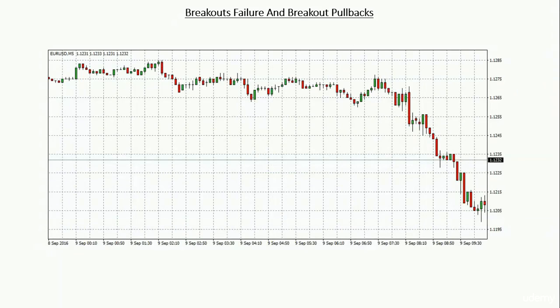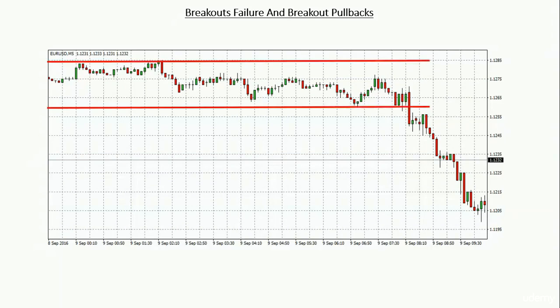Here is an example of a breakout that showed a pullback after the initial breakout. In this chart, you can see that the price was contained within this trading range before it breaks the support line to the downside with this strong breakout bear trend bar.